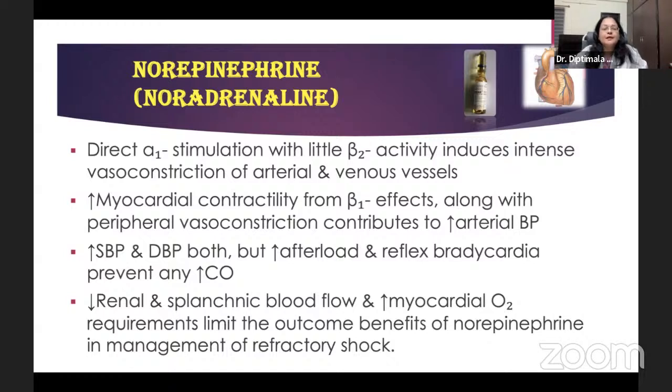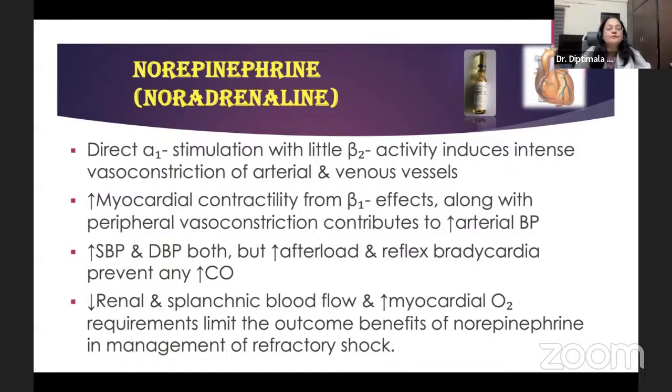Increase in systolic and diastolic both, but increases the afterload and reflex bradycardia and prevents any increase in cardiac output. There is a reduction in renal and splenic blood flow and increase in myocardial oxygen requirement, which limit the benefits of norepinephrine in management of refractory shock.